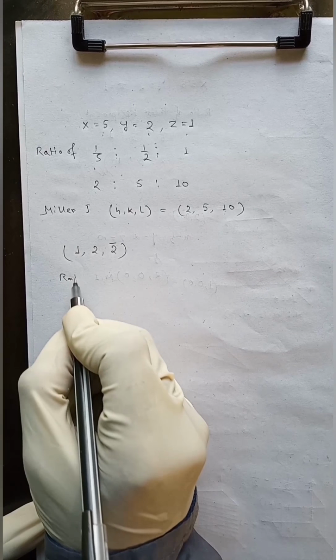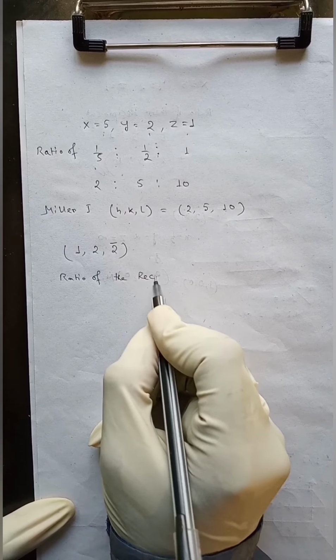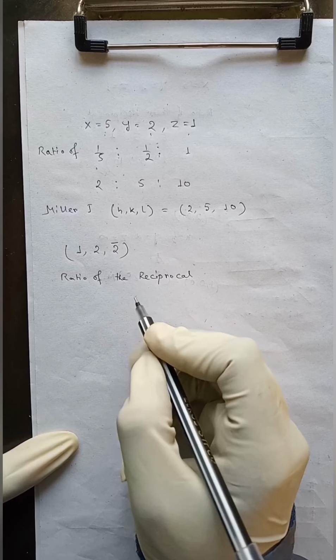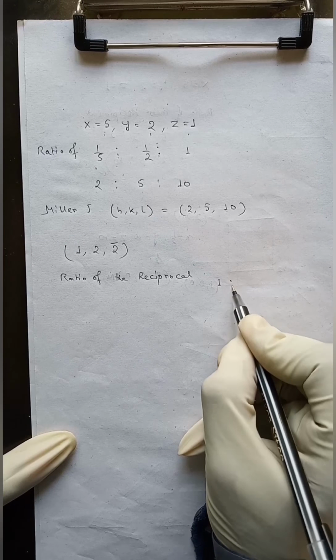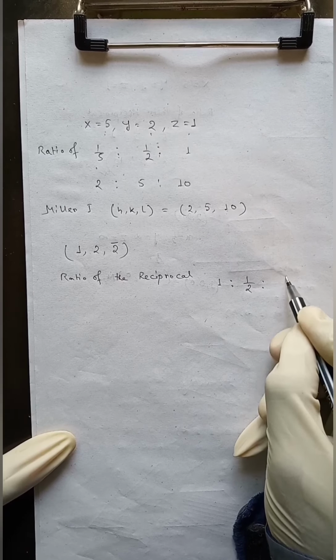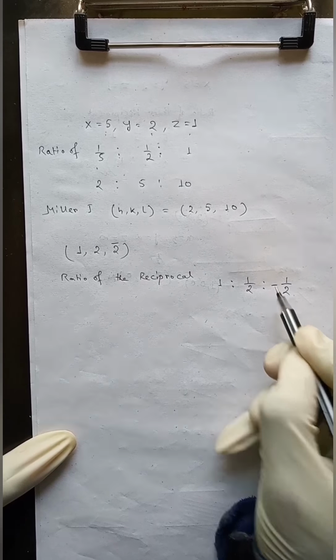The ratio of the reciprocal, 1 is to 1 by 2 is to 1 by 2. And there is a bar. That's why this will be negative.